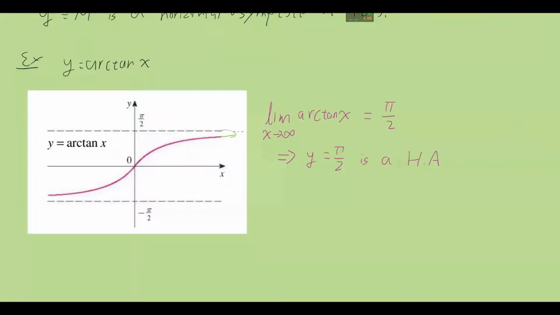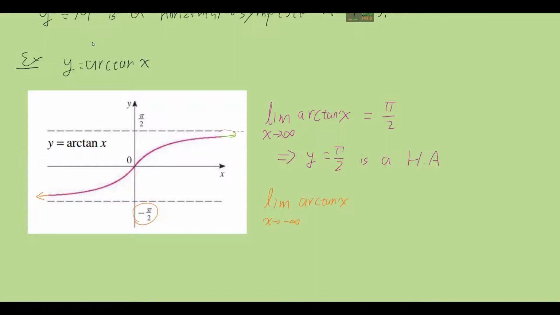All right, and we can see something similar for x approaches negative infinity, right? So when we take the limit of arctangent x as x approaches negative infinity, which is on the bottom left here, you can see that the line arctangent x is approaching the value of negative pi over 2 as x approaches negative infinity, right?